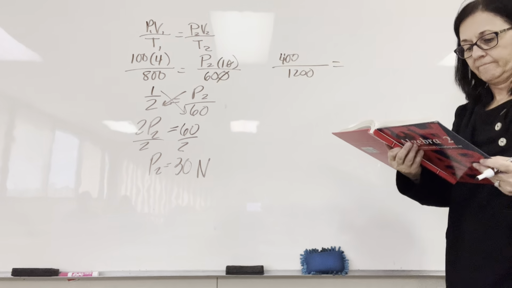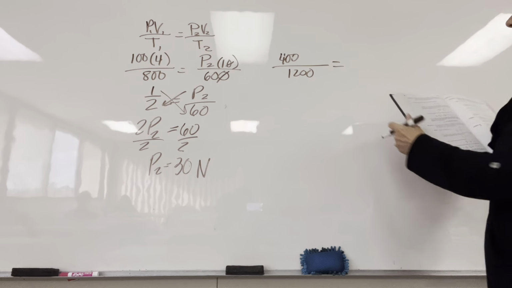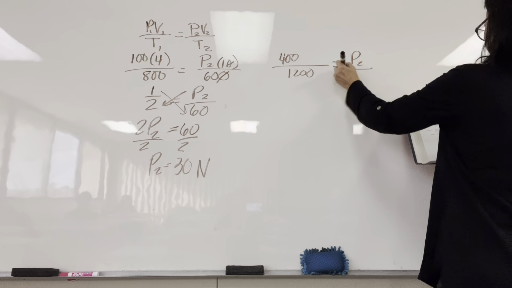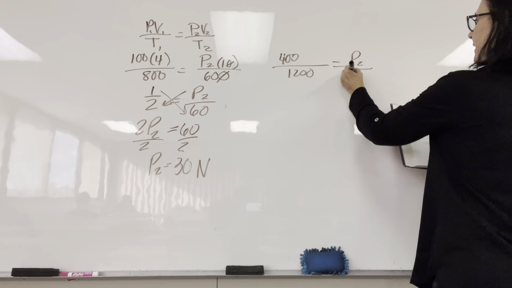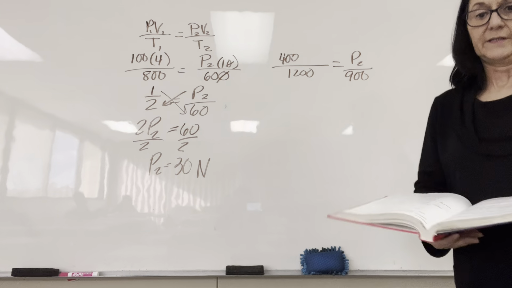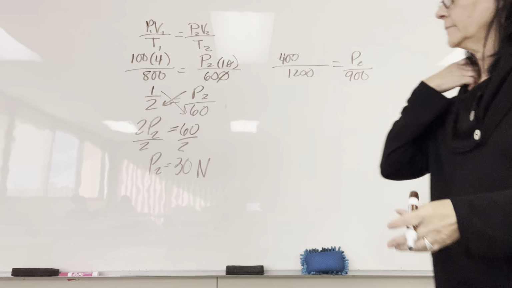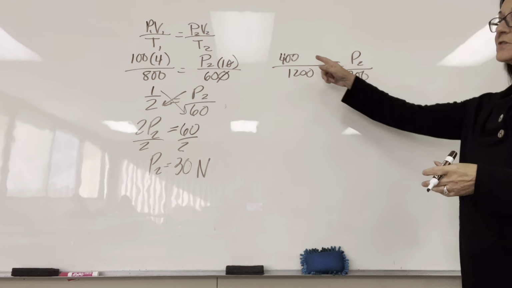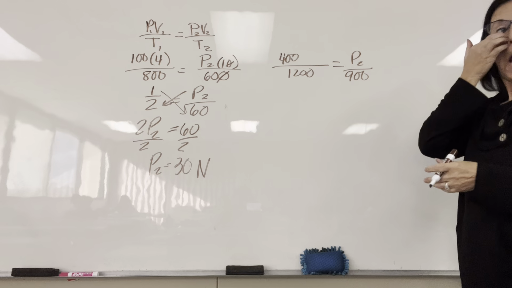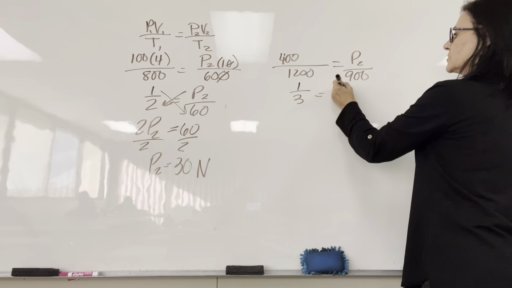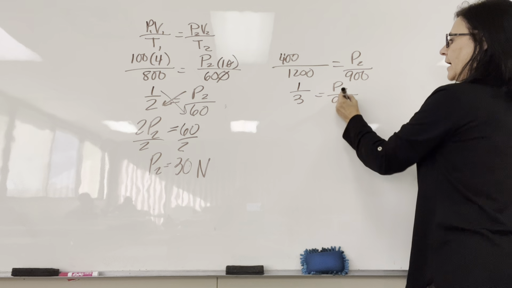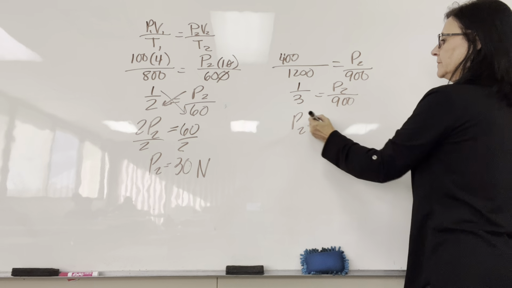All right. What was the pressure? That's what we're solving for in the second one. What was the pressure if the temperature was decreased to 900 kelvins? All right, so this is what? 1 over 3. 1 over 3 equals P sub 2 over 900. What's P sub 2?